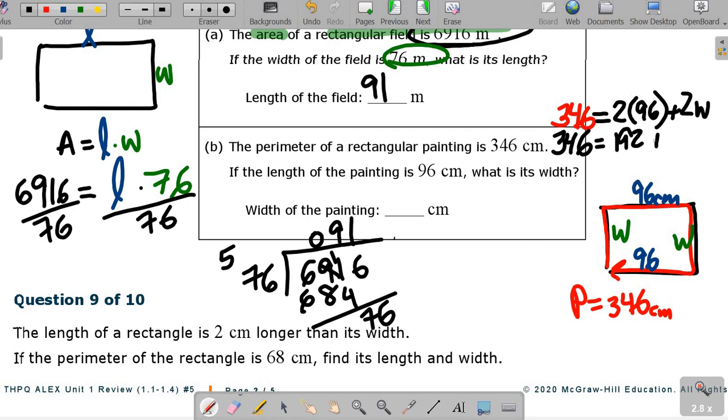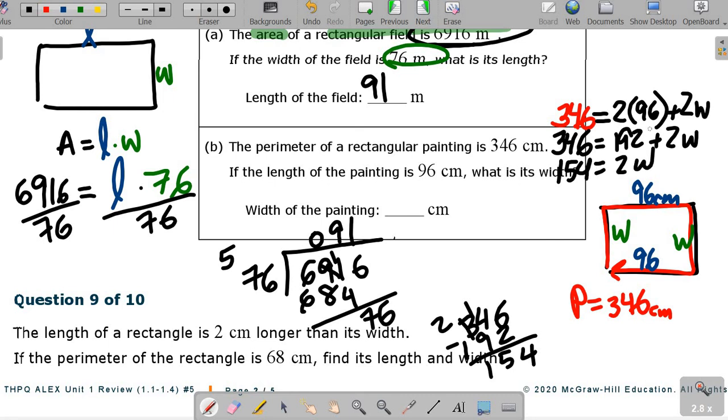It's 192 plus 2 widths. 154 equals 2 widths, and we get 77.